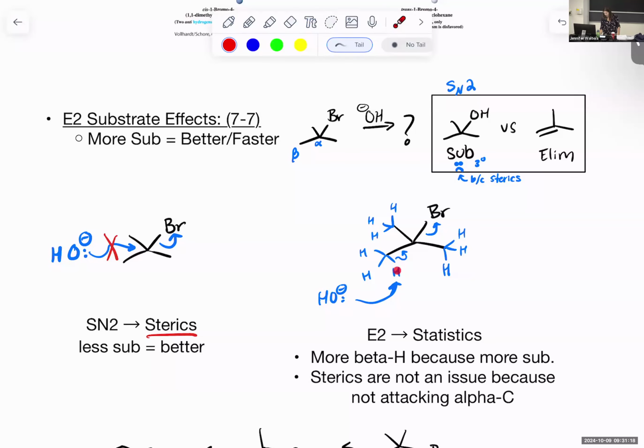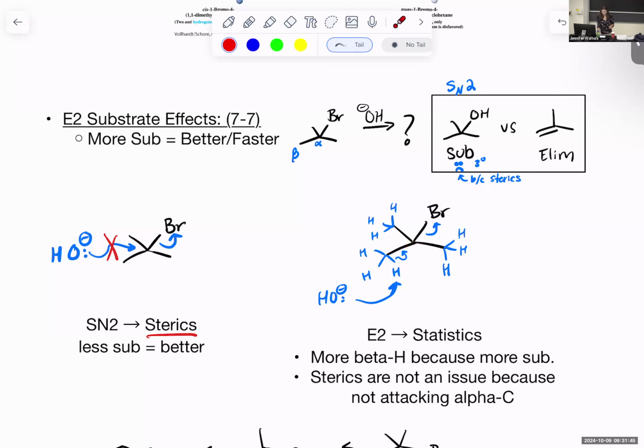Because if I have more substituents, I have more beta hydrogens. Now it's a statistics, a probability thing. If I just have more options, I'm going to be faster. So having more substituents is now favorable for E2 because I have more options to pick from. That's faster. I don't care about sterics for the E2 in terms of my alpha carbon.